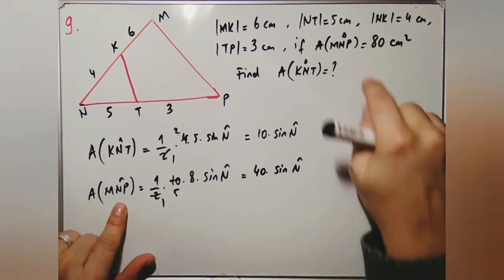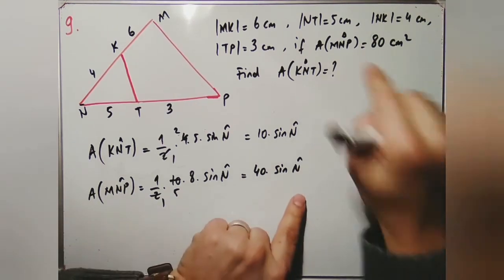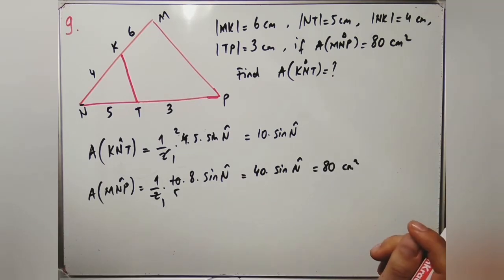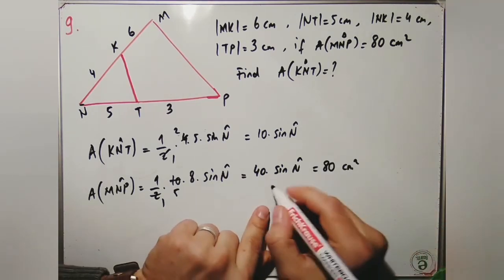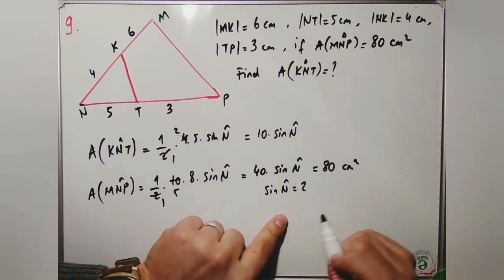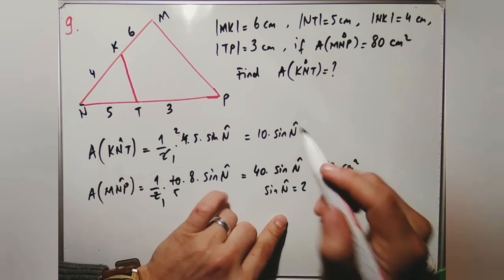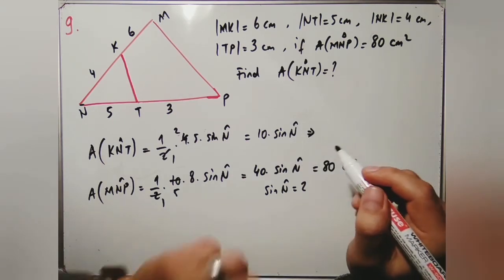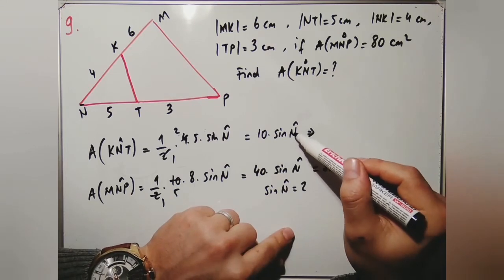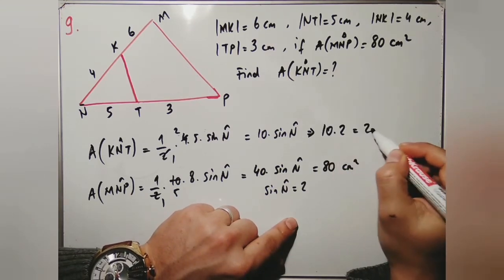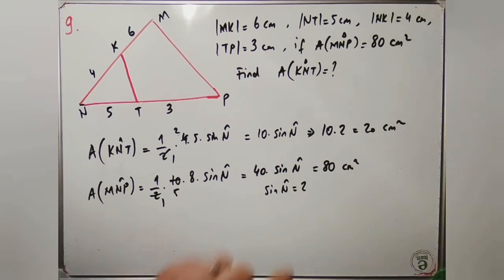The area of triangle MNP is given as 80 centimeter square. So from here we will get sine N degrees is 2. So to find the area of KNT, all we need to do is substitute in the place of sine N, 2. So it will be 10 times 2, which means 20 centimeter square.